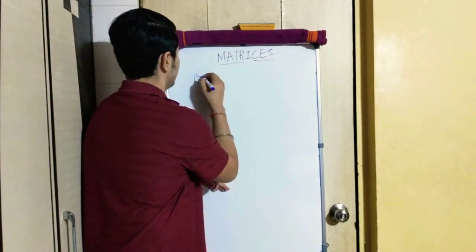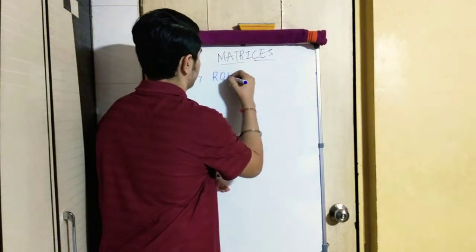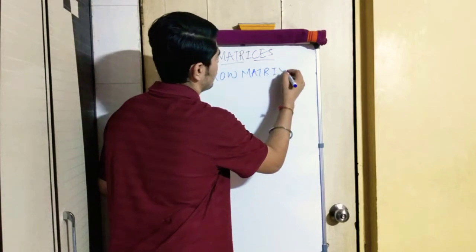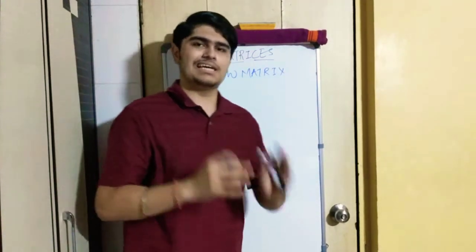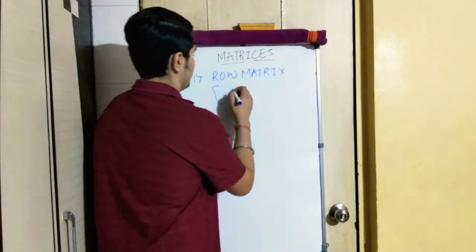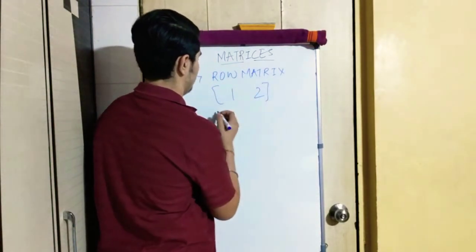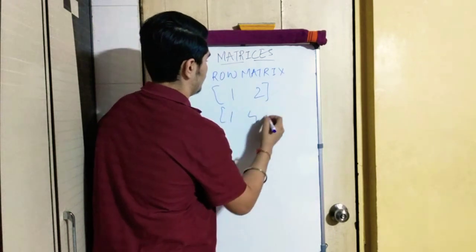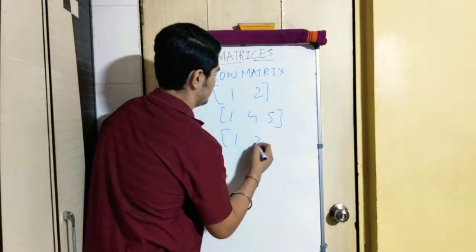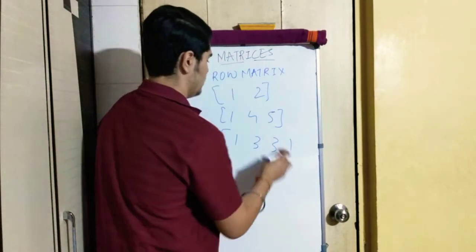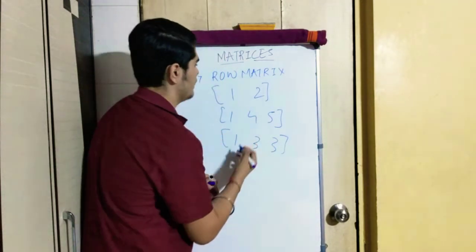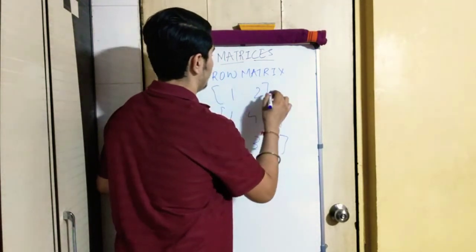So first there is the row matrix, which consists of a single row with n number of elements, such as 1 2, 1 4 5, 1 3 3 1. But mostly they do not ask beyond 3. The order of matrix of the first one is 1 into 2.